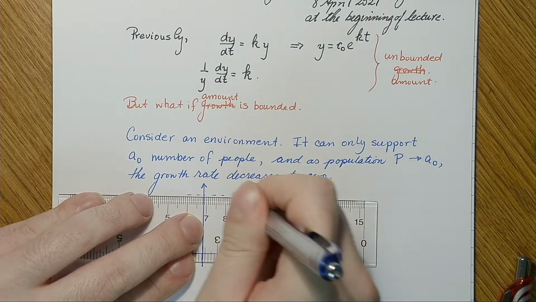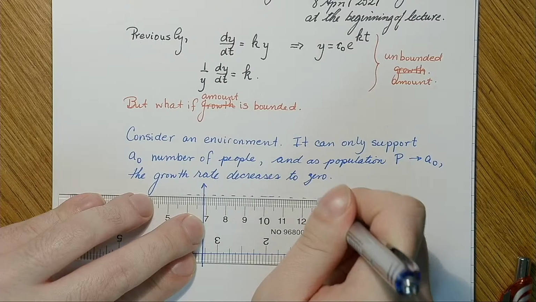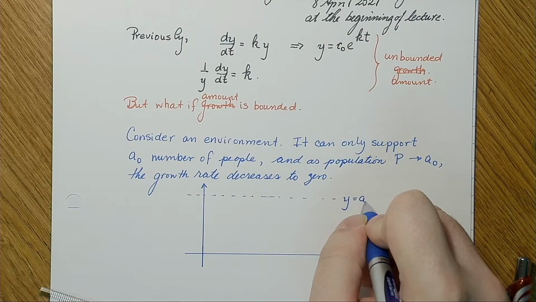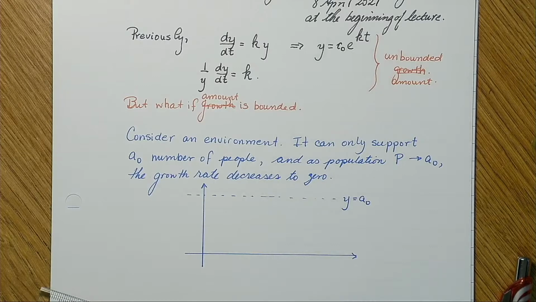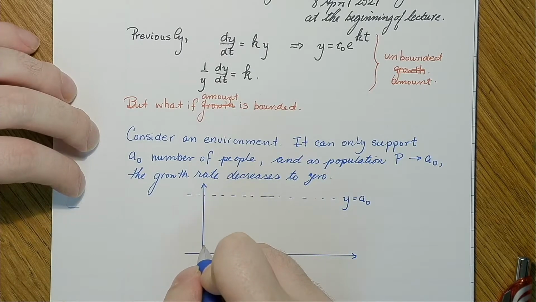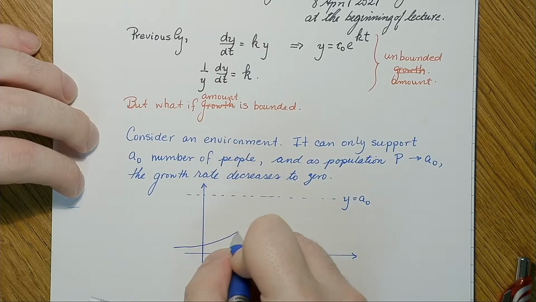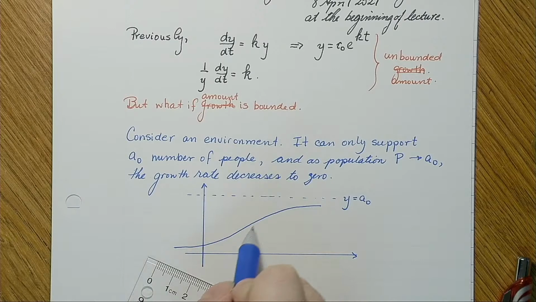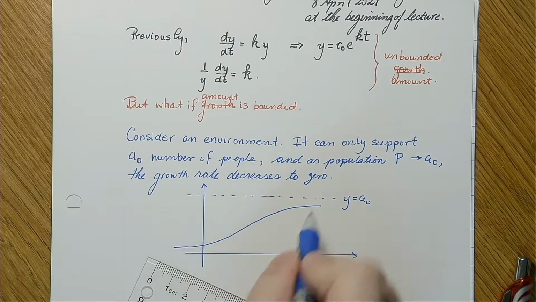I'll draw in a horizontal asymptote, y equals A0, so that's my bound. Then I expect it to look something like that. You can see that the population is growing, and then as it's getting to A0, it starts to slow down.